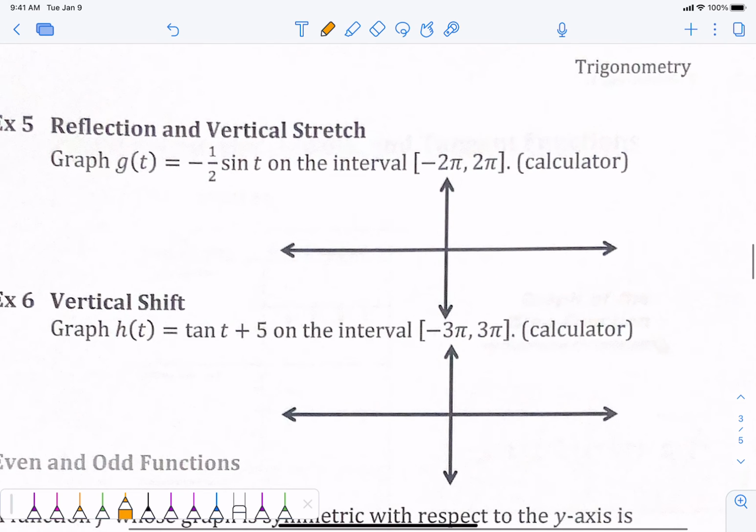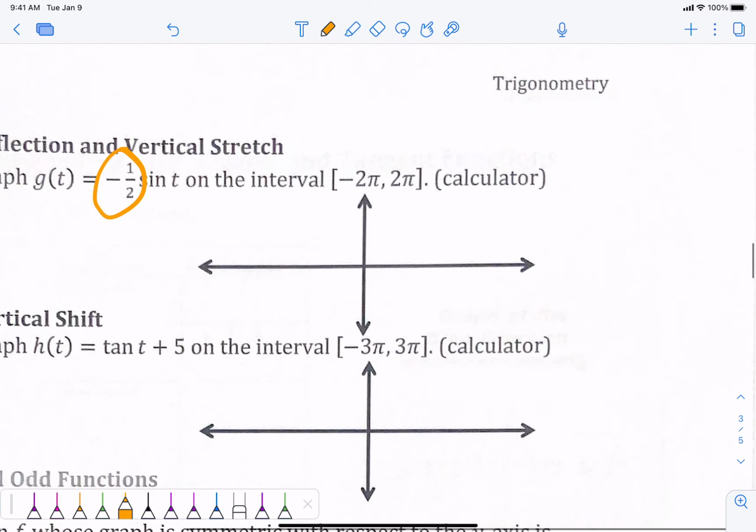They want us to graph -1/2 sine of x on the interval from -2 pi to +2 pi. Normally we just go 0 to 2 pi, so I'm just going to go 0 to 2 pi, and then we'll add in the other ones in a second. Pi over 2, 3 pi over 2, and let's just do that.